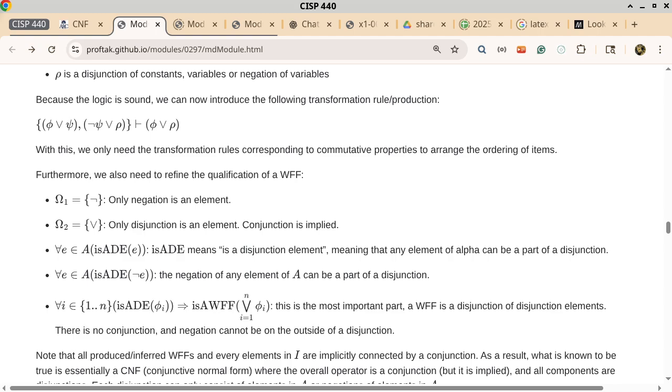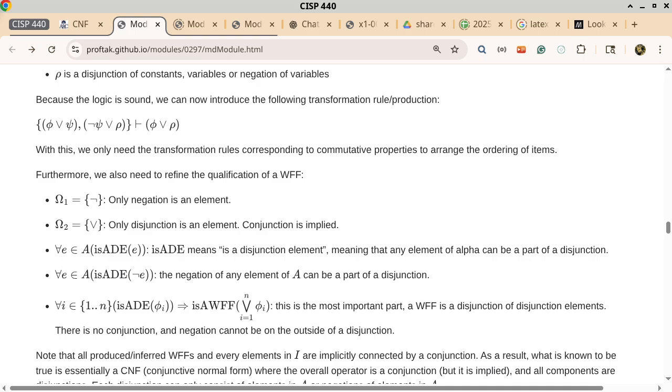So alpha is still the same as before. We have 0 and 1 as constants, p, q, r, s, t as variables, and phi, psi, and rho as the Greek letters, also known as schematics. So that part has not changed. Now we also have something like this, which we call a predicate.